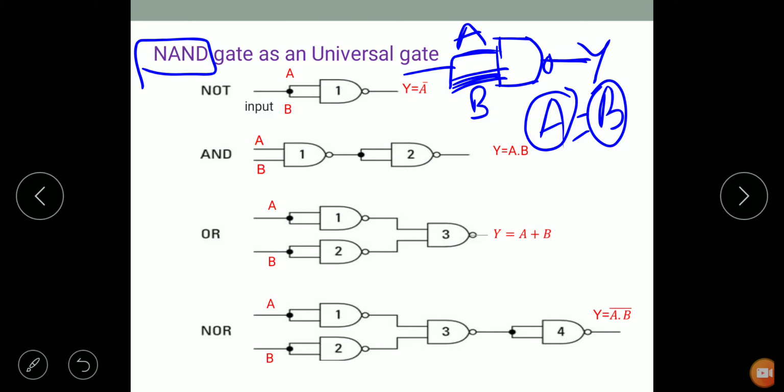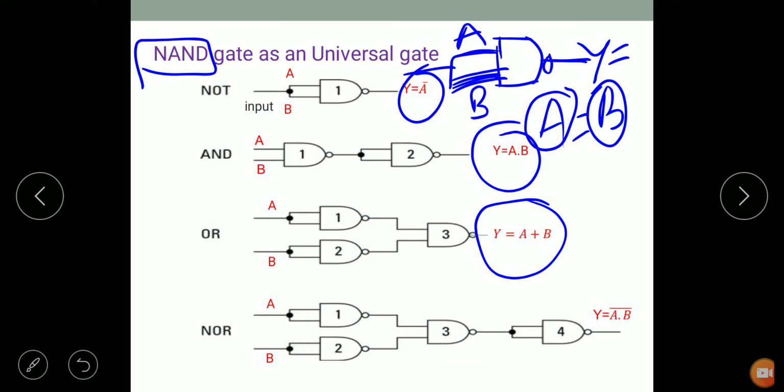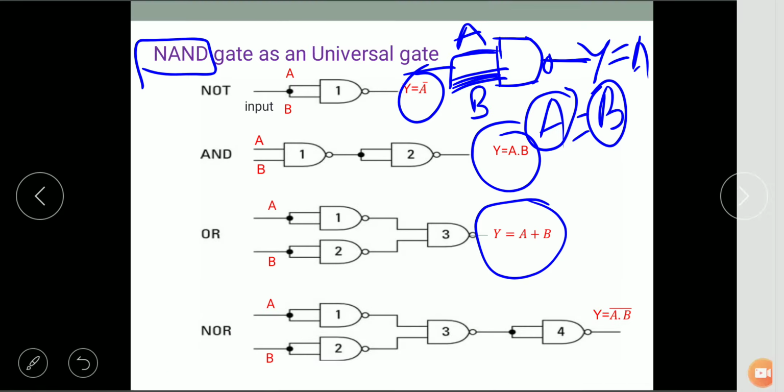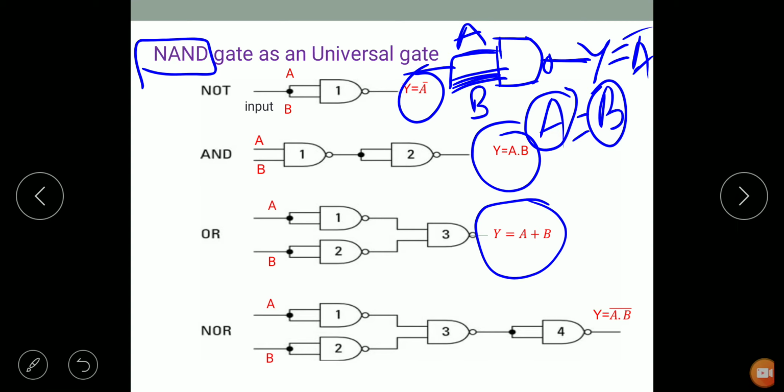Then what is the output? Y is equal to A bar, because the output is a NOT gate, but the construction is using the NAND gate. Y is nothing but A bar. Why?